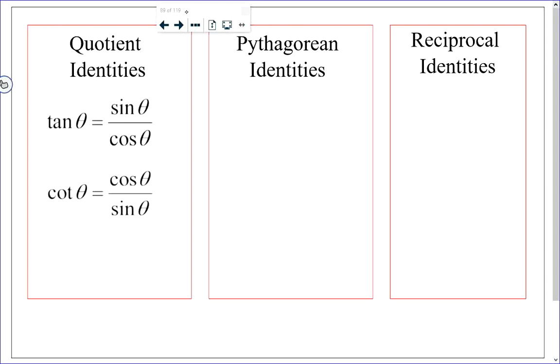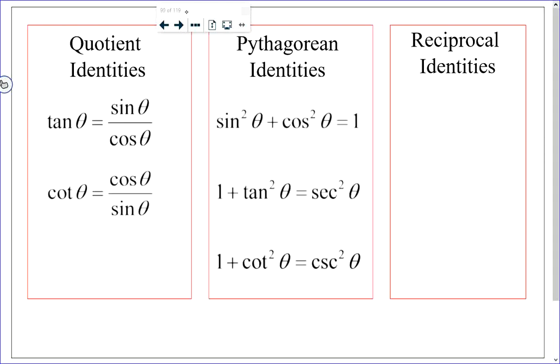Of course, not every value will be allowed because you're not allowed to divide by 0. So cosine of theta is not allowed to be 0. But anyway, tangent equals sine of theta over cosine theta, and cotangent theta equals cos theta over sine theta are called quotient identities. I think it's important that you know the names of those identities.